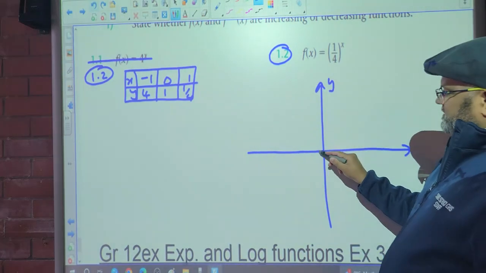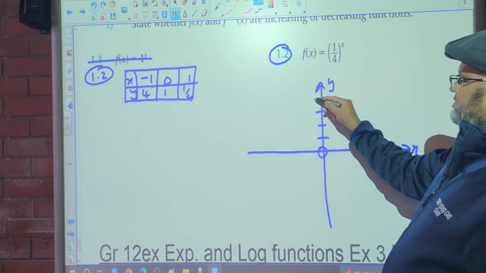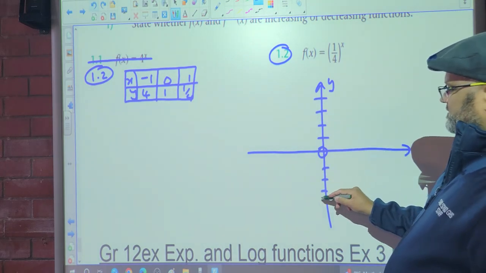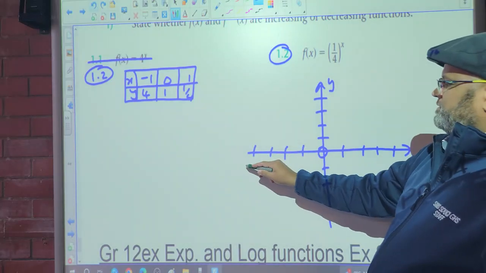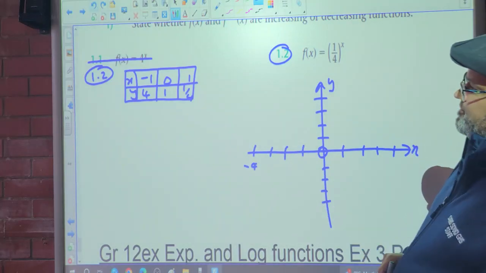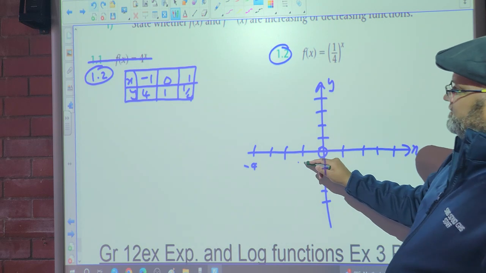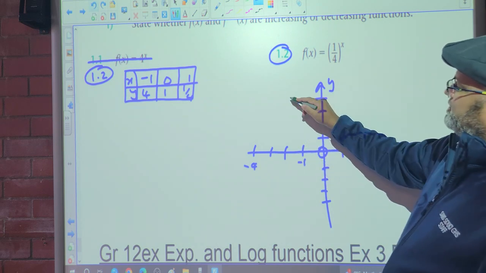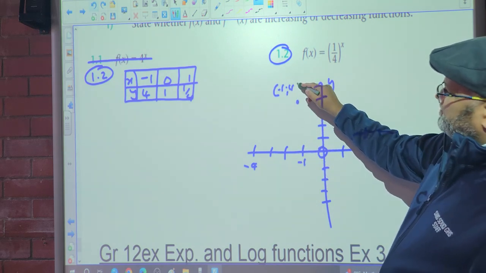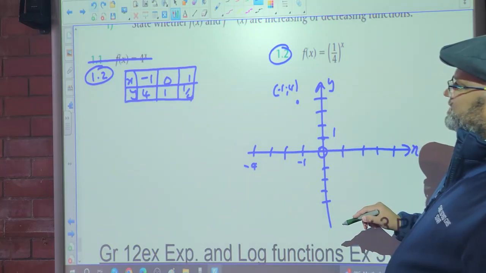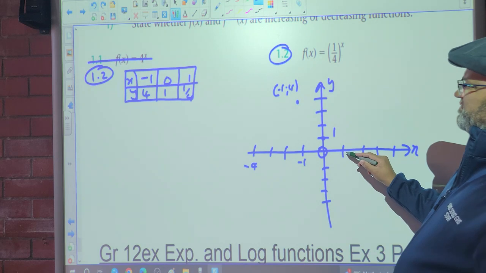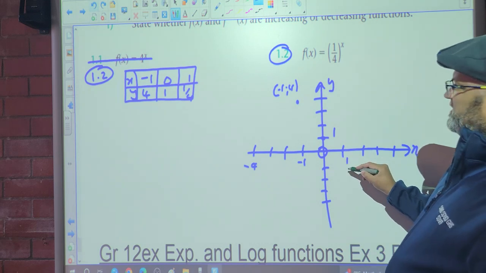x: 0, 1, 2, 3, 4. Okay, so we have negative 1 and 4, 0 and 1, 1 and a quarter.